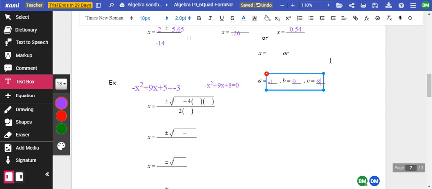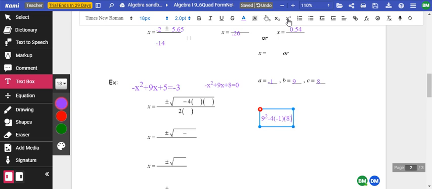Okay, before I do anything else, I'm going to do everything under the discriminant, and I'm going to skip all the way down to this step. I know I've got B squared, so that means 9 squared, minus 4 times A, which is negative 1, times C, which is 8.